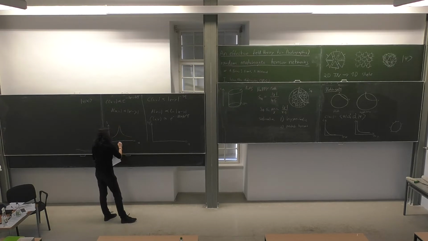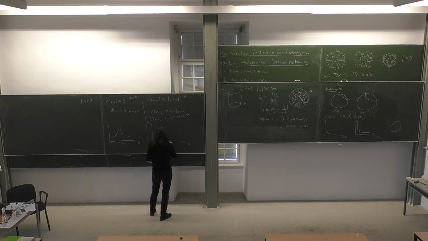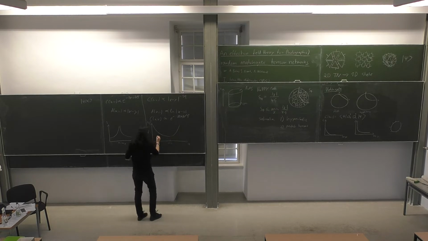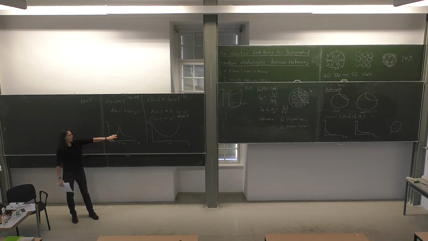For a certain parameter, which is the same in the flat and the hyperbolic case, there's sort of a phase transition where the correlation length diverges.